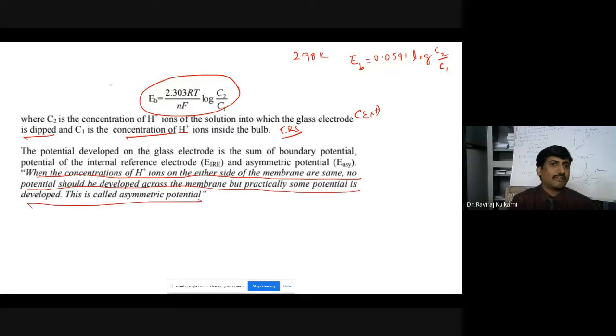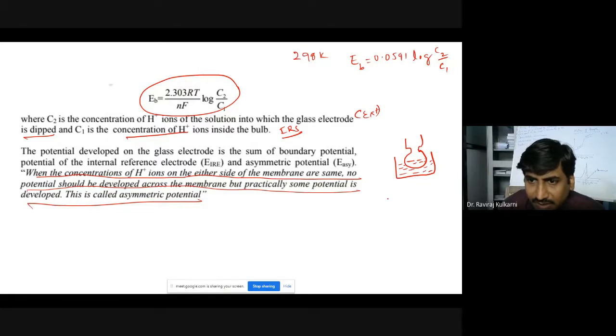This is because of asymmetry. This is the electrode. This is the internal solution, and this is the external solution. There is an asymmetry.